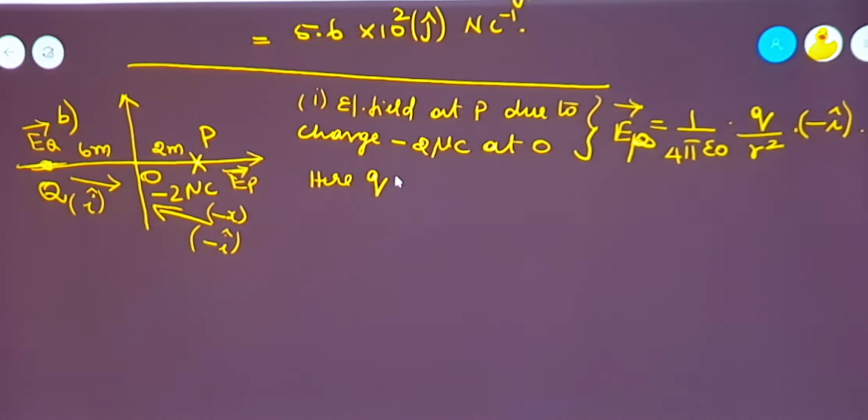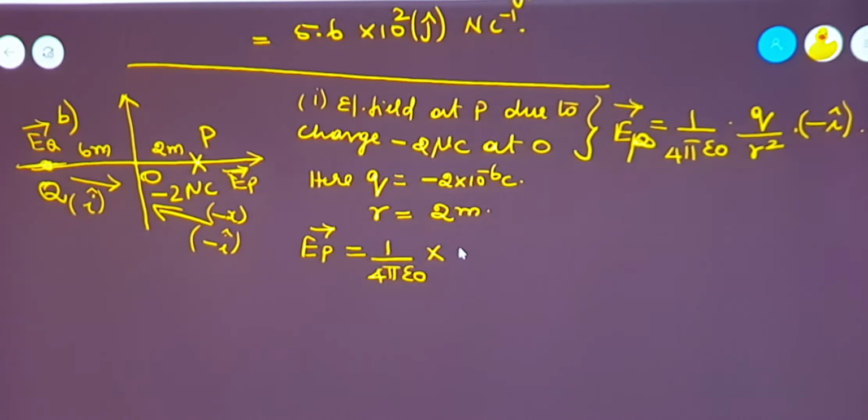What is the value of charge Q? It is minus 2 into 10 to the power of minus 6 coulomb, and the distance R is equal to 2 meters. So what happens when you substitute the values? You get EP vector equal to 1 divided by 4 pi epsilon 0 into, instead of Q, 2 into 10 power minus 6.